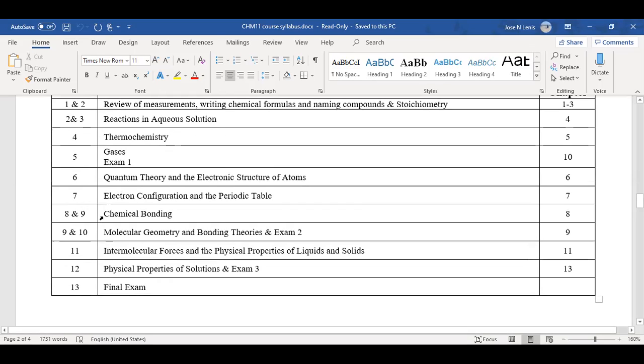Then we have chapters 8 and 9. These 2 chapters here, we cover as just one. It's chemical bonding. This is what I was talking about previously: chemical bonding 1 and chemical bonding 2. That's chapter 9. And notice that here we schedule also, during that week, what week is that?